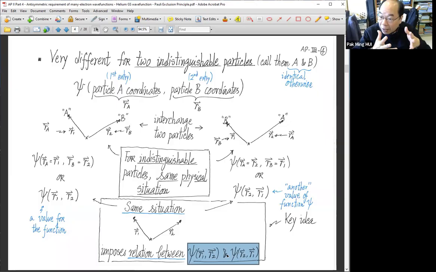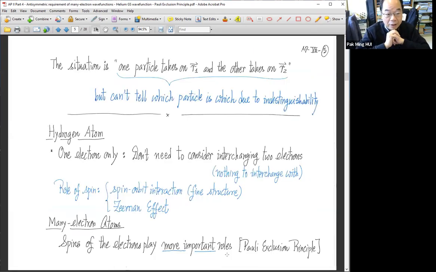We will use the argument in two particle wave functions and then just take it to the n particle situation. In simple terms, the two situations refer to the same thing: one particle takes on this coordinate, and another takes on that place.